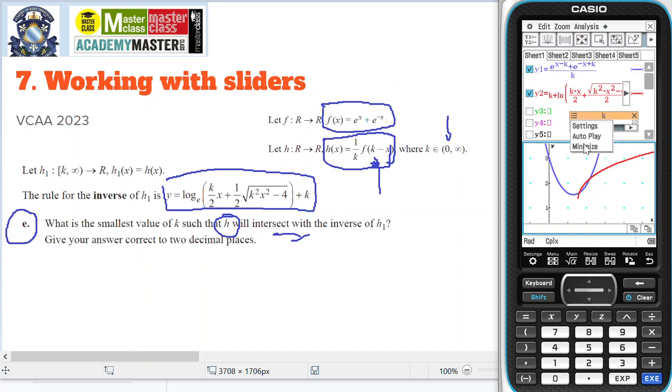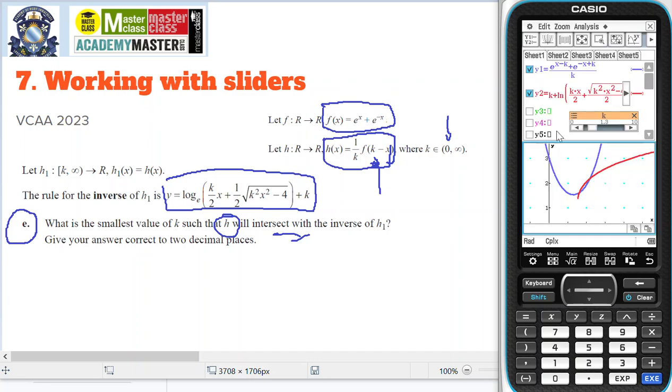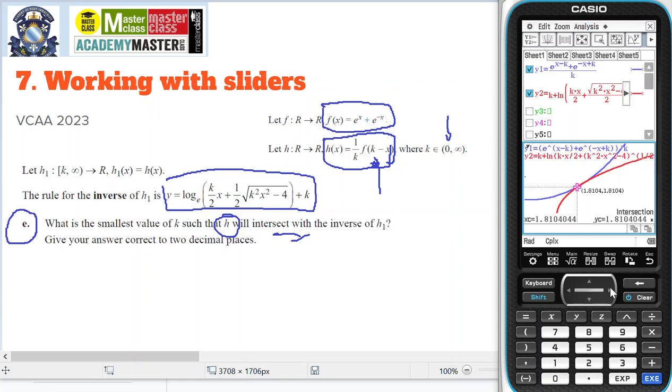So now we'll go in between 1.2 and 1.3, and we'll go 0.01. So 1.3 definitely has an intersection. 1.29 definitely does. 1.28 definitely does. 1.27, analysis, G-solve, intersection, there is 2 at 1.27.